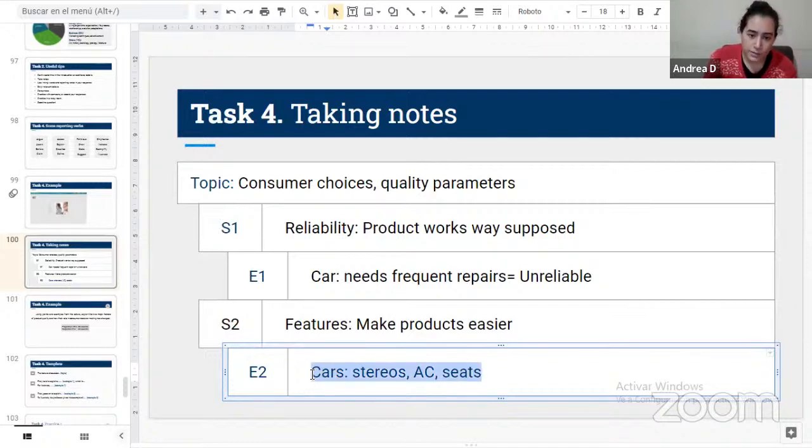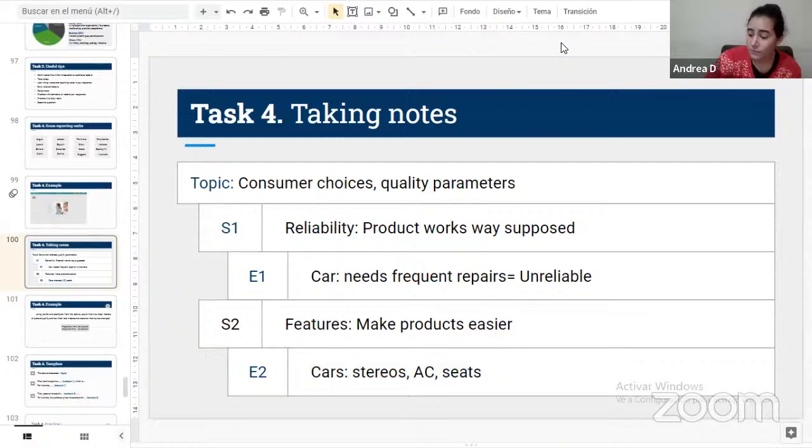Okay, that's right. Yeah, they mention stereos, air conditioning. If I'm not wrong, they mention windows as well, right? Automatic windows. Okay, that's awesome. So those are the key elements, right? So topic 1 and its example, so topic 2 and its example as well. Do you guys have any questions about what we've done so far?